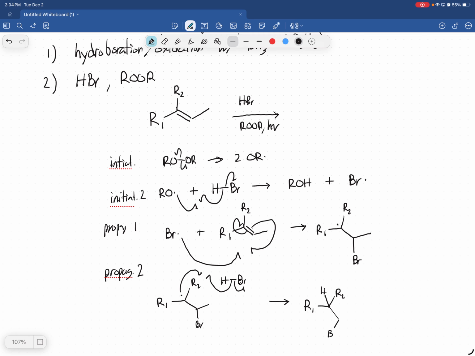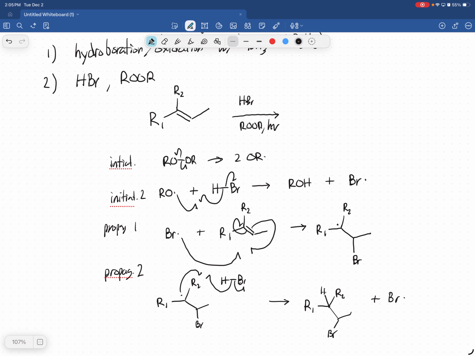Oops, sorry. And where does this Br go? Which step? Yeah, it goes right back into the chain mechanism. So this is going to be a repeated chain reaction until it all goes away. Like PCR. Polymerase chain reaction.